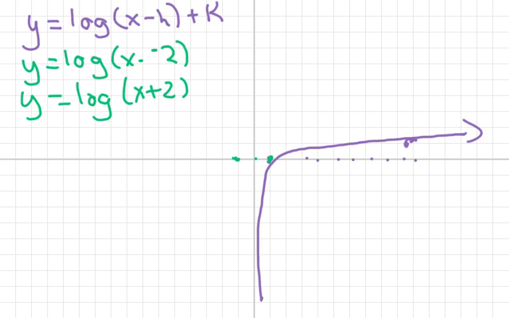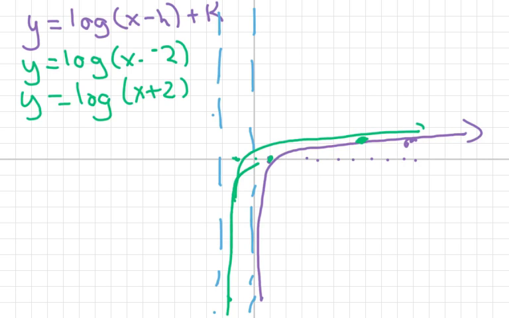If you notice that before we had a vertical asymptote at x equals 0, now we have a vertical asymptote at x equals negative 2. So when I graph this, it's going to be something like that.